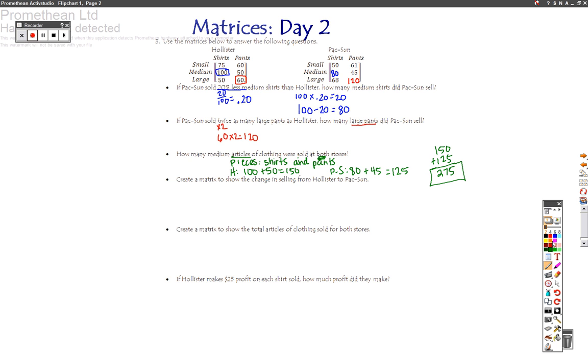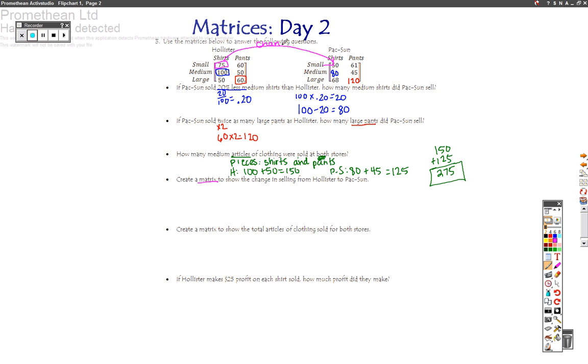The next one, create a matrix. So I have to do a matrix to show the change in selling from Hollister to PacSun. So change. Let's look. I started here at 75. Now I'm at 50.